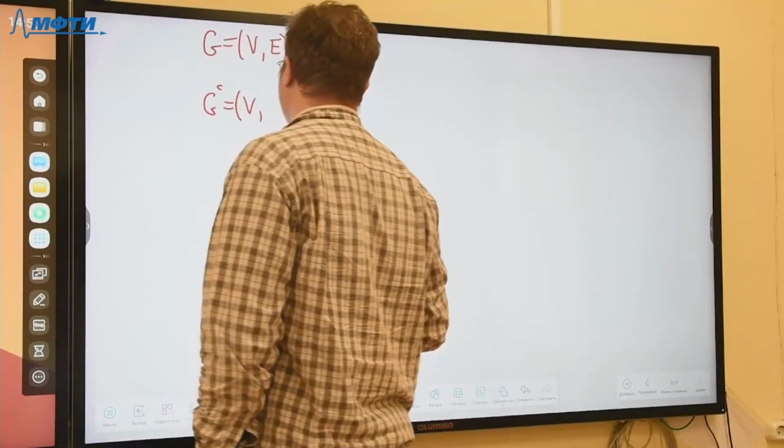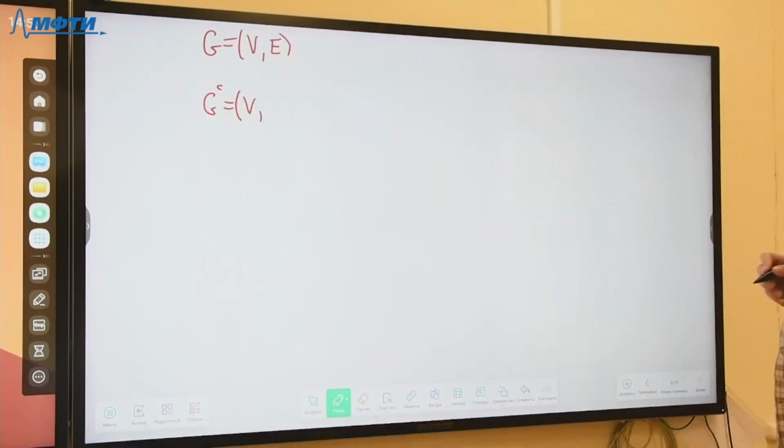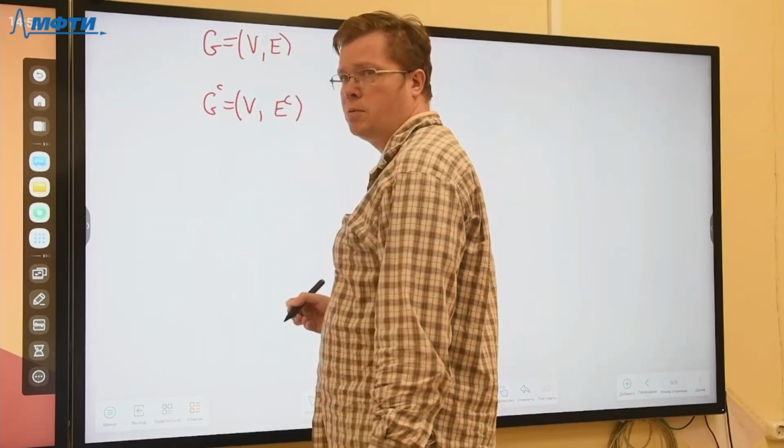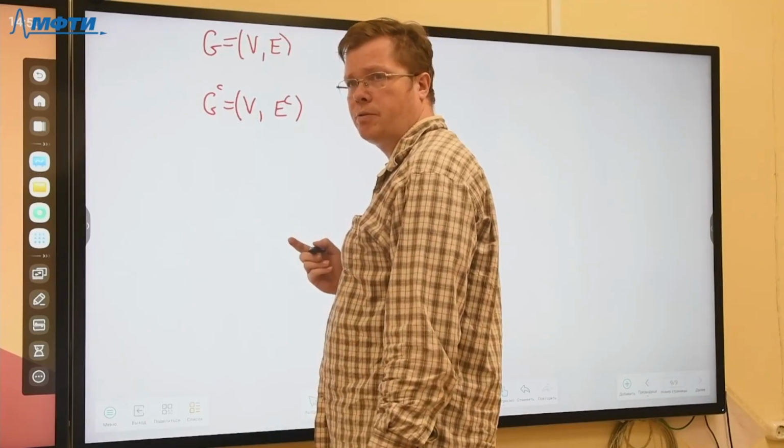And now, having the same number of vertices, the edge set is just the complement to all possible pairs of vertices.